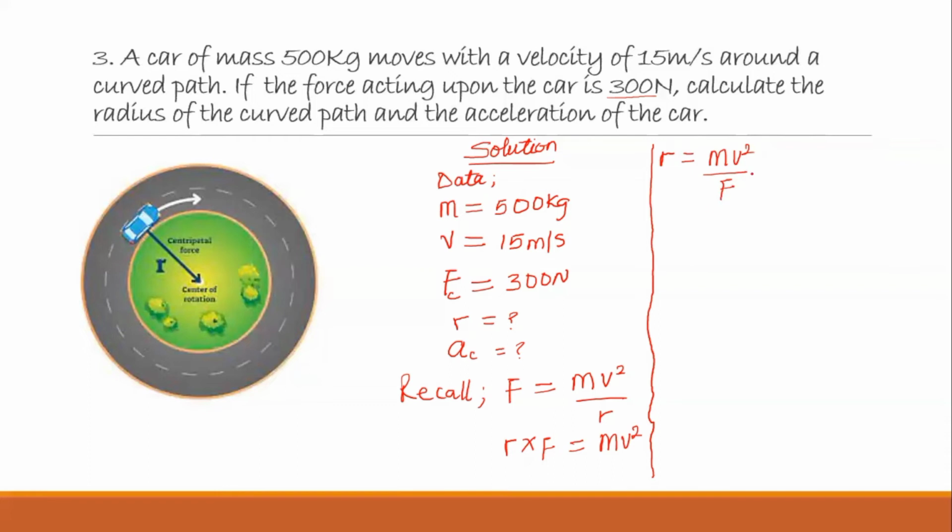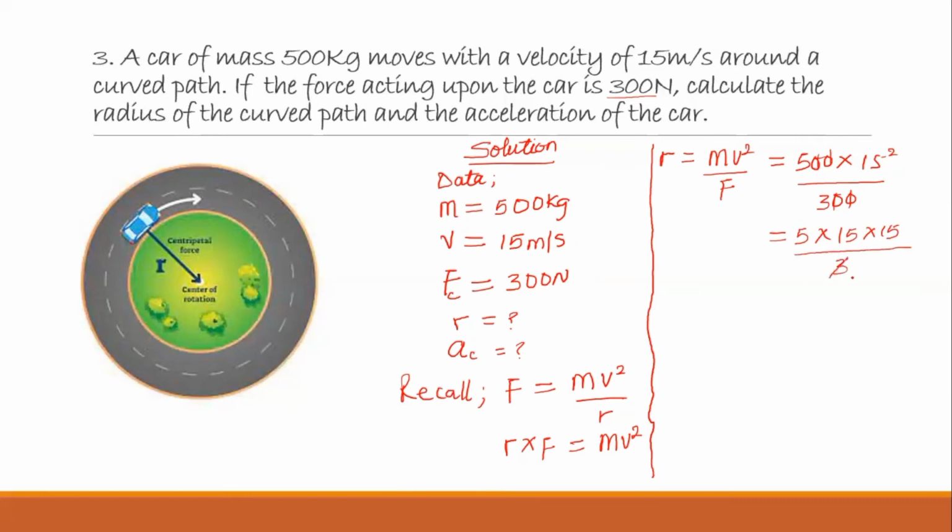Then the next thing is to substitute the values of mass, V, and F. Mass is 500. V is 15, 15 squared, all over F, which is 300. So let's say this 20, we cancel this 20. So I have it to be equal to 5 multiplied by 15 by 15, all over 3.